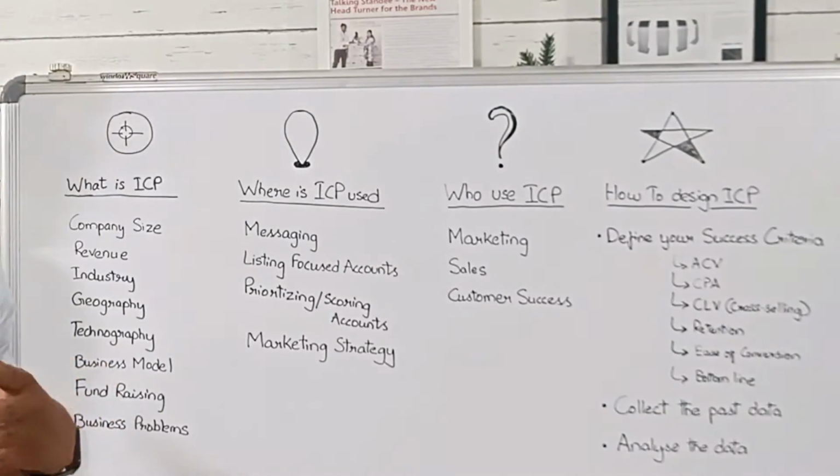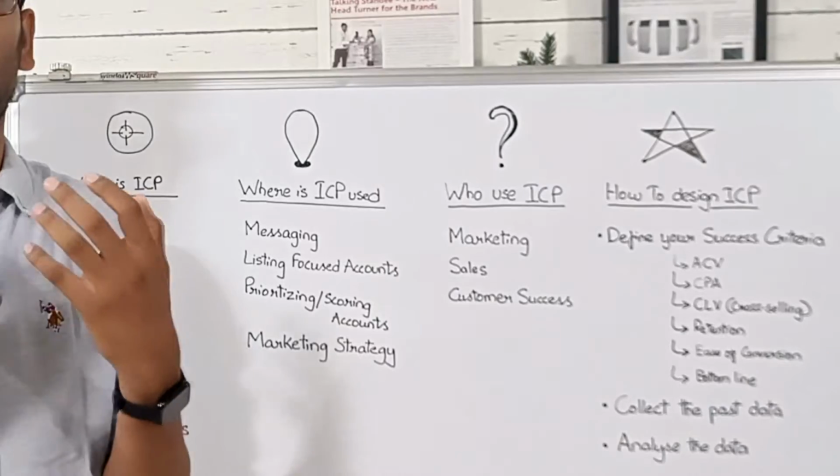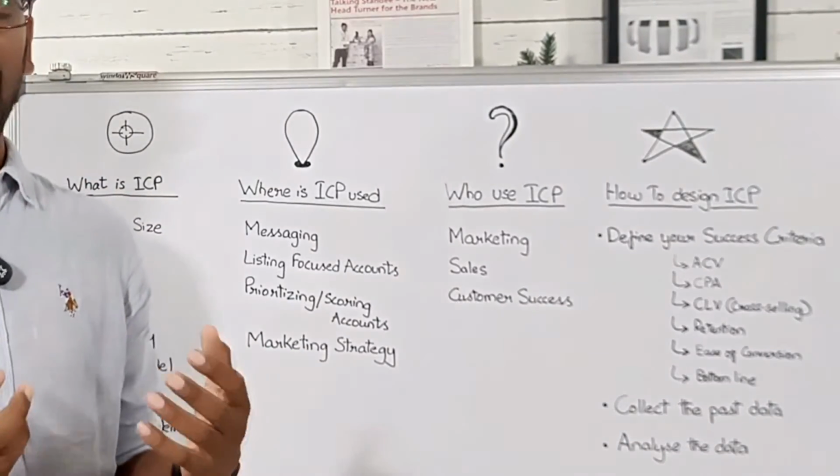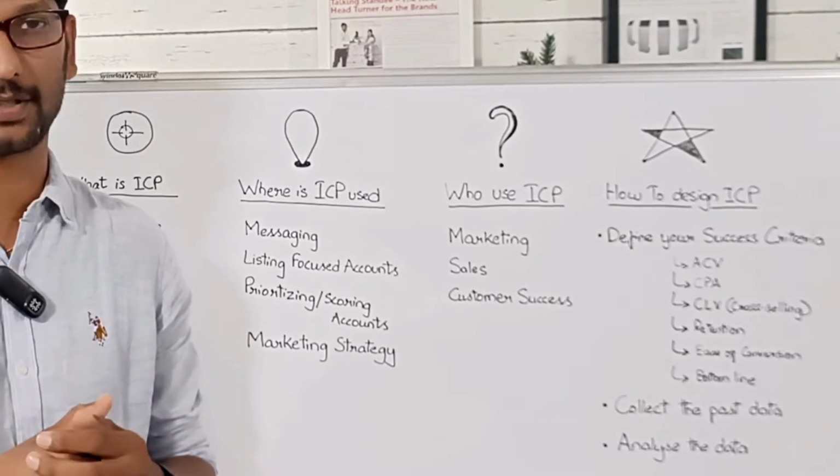The very first thing that we'll have to do in designing our own Ideal Customer Profile is to define what your success criteria is. And how would a success criteria look in a B2B SaaS based organization?